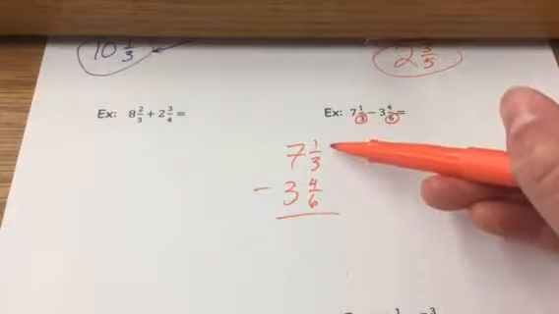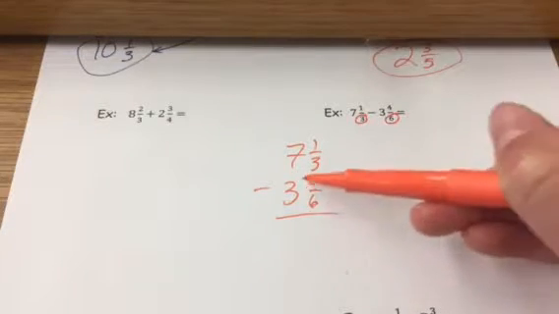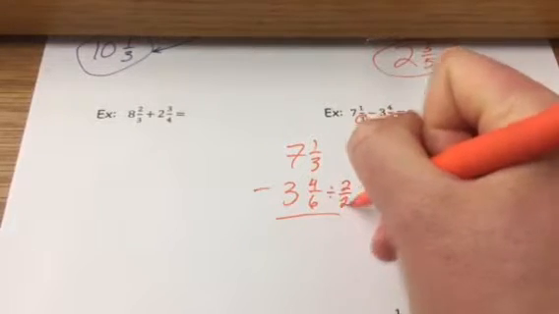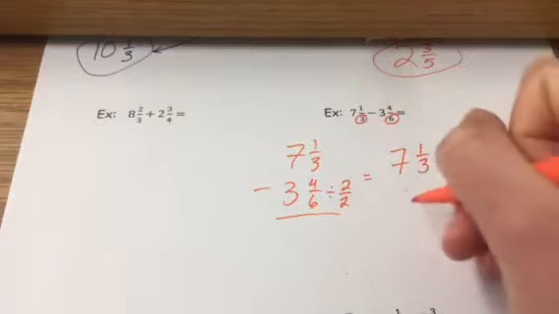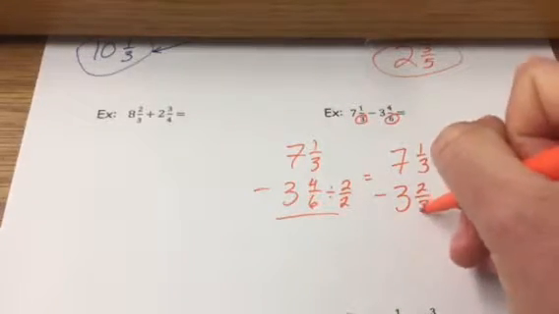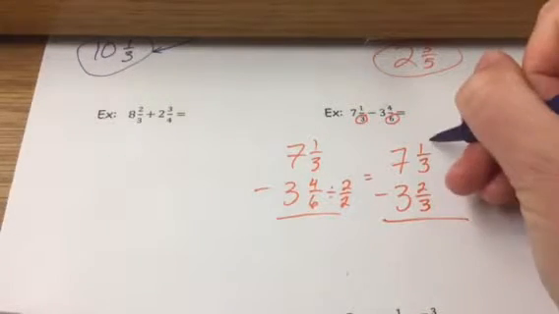I could multiply this guy by 2 halves and create sixths, but I'm also noticing I can actually simplify this, which is exactly what I'm going to do. I do believe it will simplify to thirds, 3 2/3.